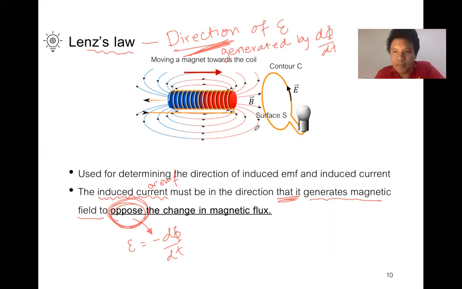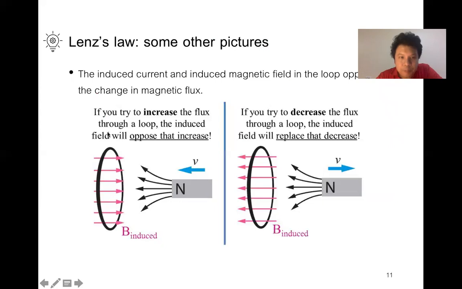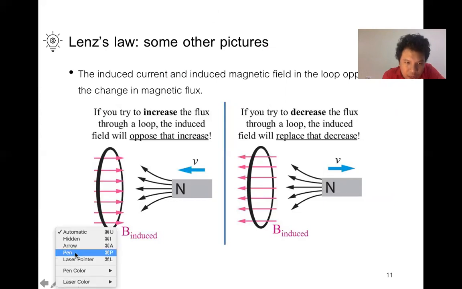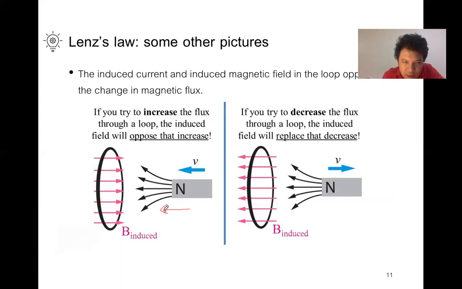Okay, so let's see some examples here. For the example on the left hand side, if I move the magnet bar towards the left hand side, I say moving to the left will increase magnetic flux.